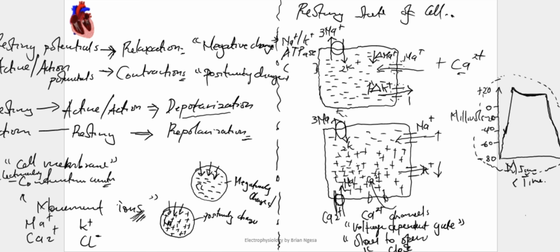We are likely to stay more positive for quite some time, because the calcium channels are normally slow to close. So unlike in cells that do not have calcium channels, where they don't play a major role, maybe you can have something like this.